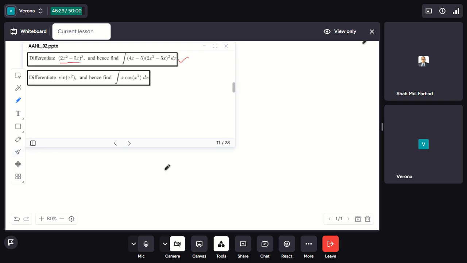Two, so d/dx of sine square x. Then that is 2 sine x and then cosine x. This is the derivative.